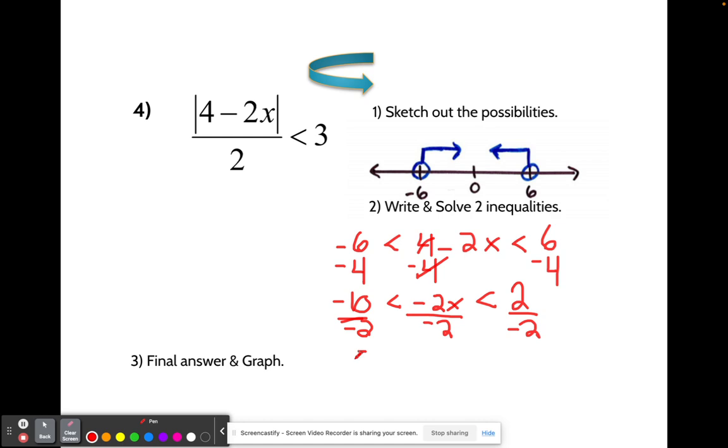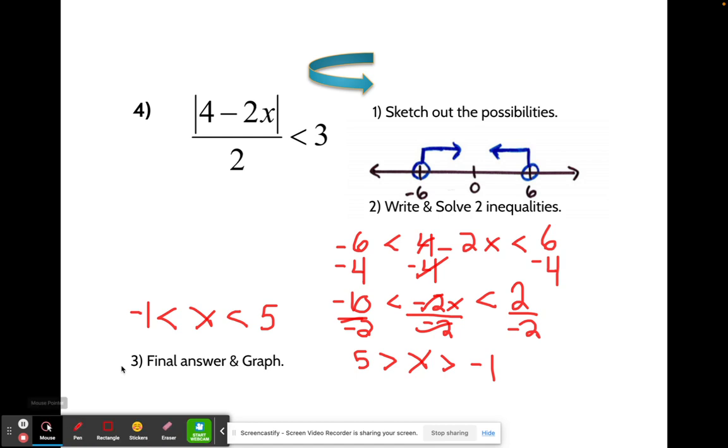I have a positive 5 here, greater than x, greater than 2 divided by negative 2, which is negative 1. Well, now my arrows are pointing the wrong direction, and my smaller number is on the right, so let's rewrite it. Negative 1 less than x less than 5.